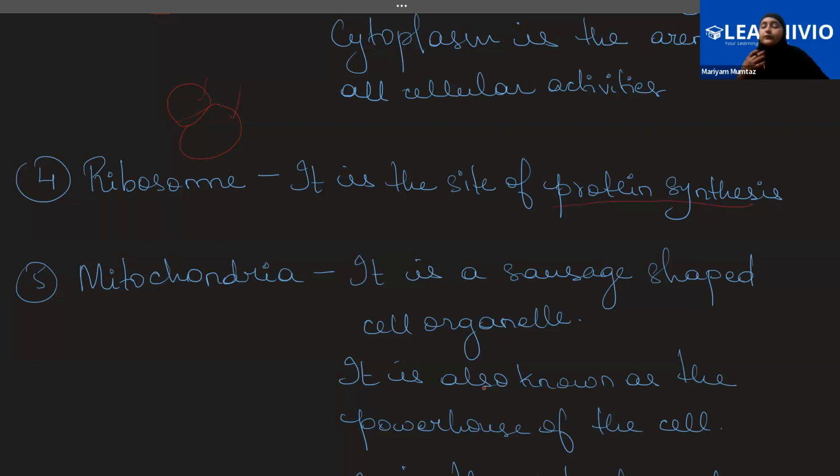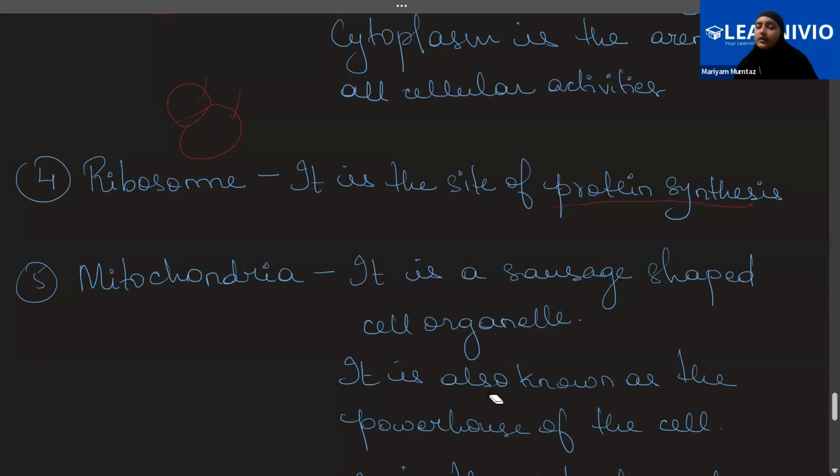Whenever our body or any cell, organ or tissue requires protein, that protein is provided by the ribosome. So the proteins are actually synthesized in the ribosome. Clear? Yeah. Okay.